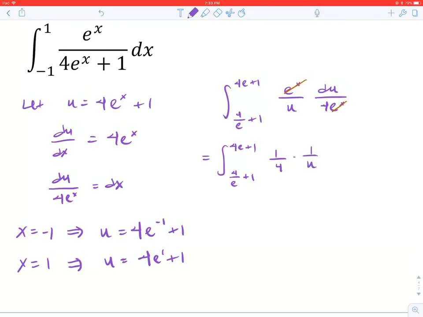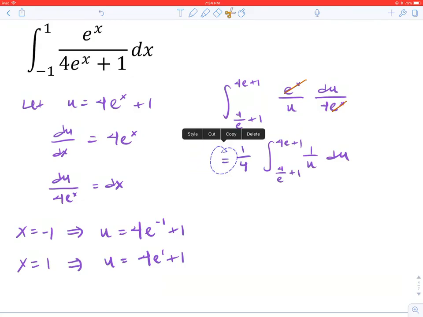So it'll be 1/4 times 1 over u du. We could also pull that 1/4 out front. Or I'll pull the 1/4 out front. Okay, so the 1/4 will hang out there.